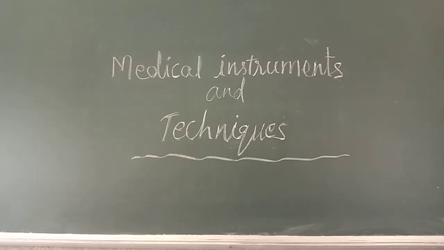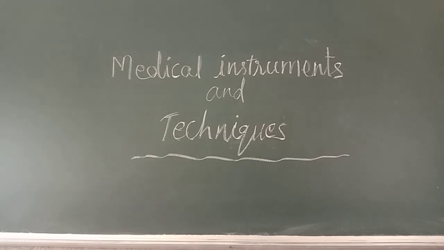Then this pacemaker consists of two important components. One is a pulse generator and the second one is an electrode. These two components are present in this artificial pacemaker. Here this pulse generator is kept inside a box.